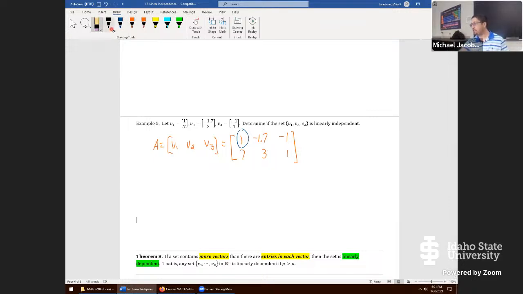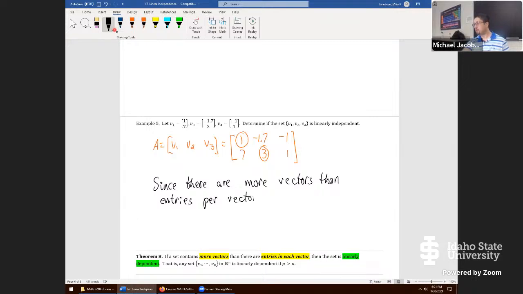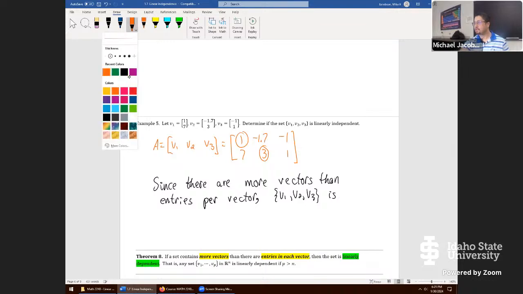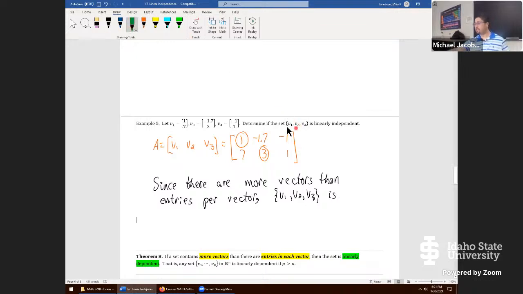This is what we might write down officially, though. Let me put this in orange. We would say probably that since there are more vectors than entries per vector, V1, V2, V3 is, well, now we can see it from two ways.